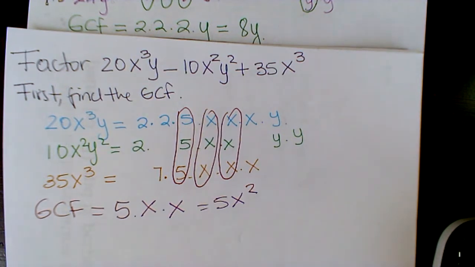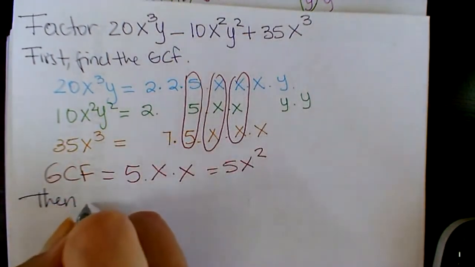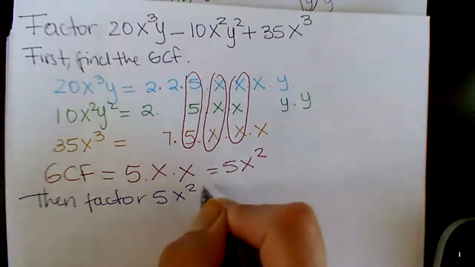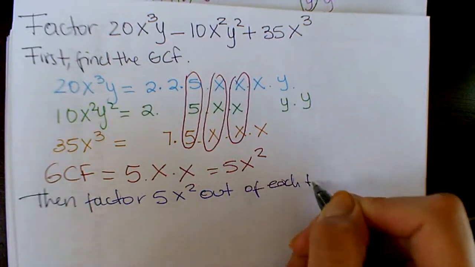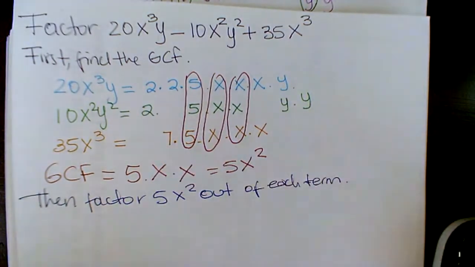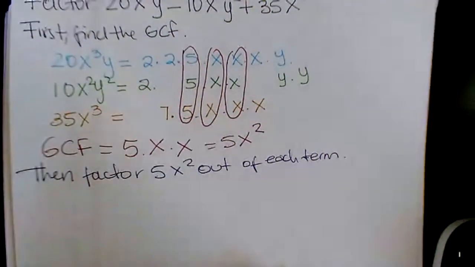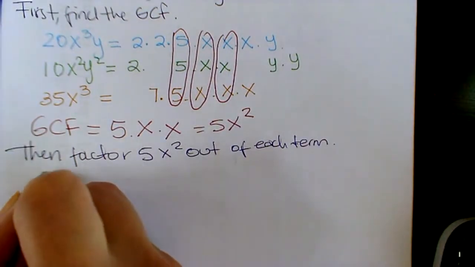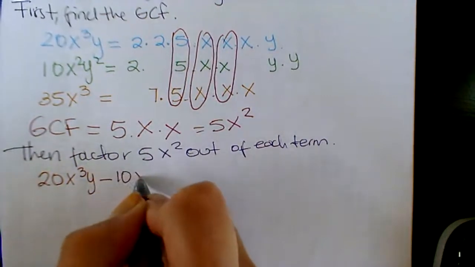After we do that, we're going to factor 5x squared out of each term. Okay, we're going to do that. So what we have, so we had 20. I'm just writing the exercise again.